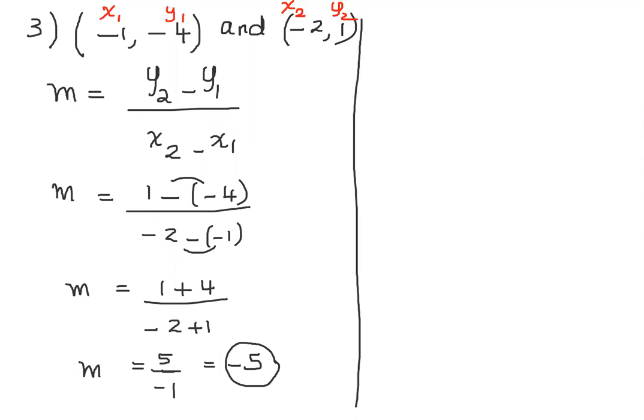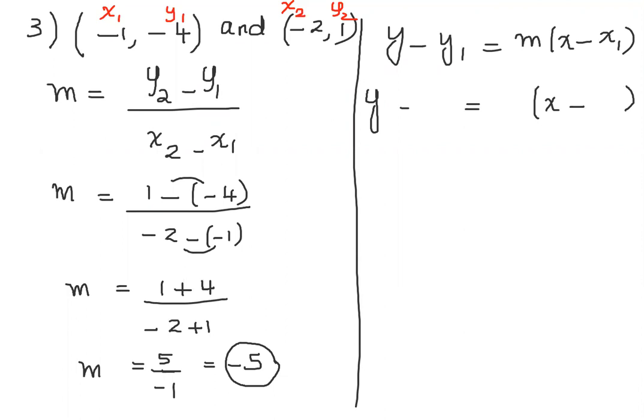Now we write the point slope form: y minus y1 equals m times x minus x1. In this case, for (x1, y1), you can take either the first point or the second point. It doesn't matter which point you use; you will get the same equation at the end. I'm going to use the same (x1, y1) which we already marked. So y1 is -4, m is -5, and x1 is -1.